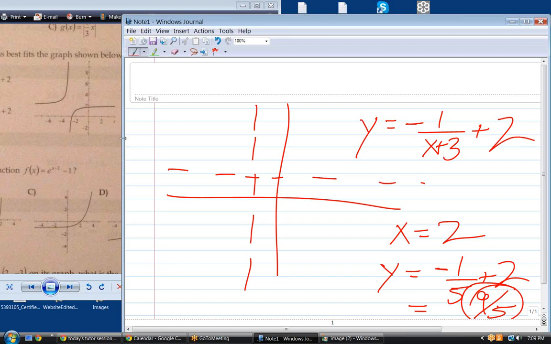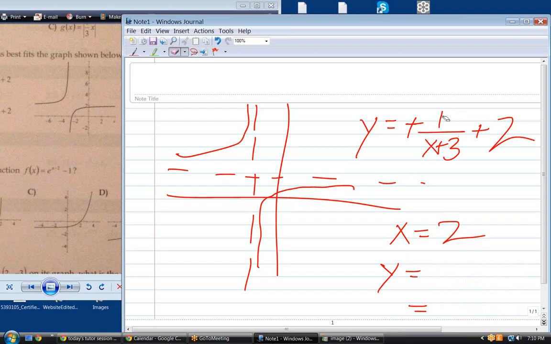Okay. So the fact that I'm still less than 2 when I go to 2 on my x-axis means I am in the correct quadrant here. We are in the second and fourth quadrants, because otherwise I would be above my horizontal asymptote. In other words, if I use the plus answer C, and now I plug in 2, I get 11/5 for y, right?